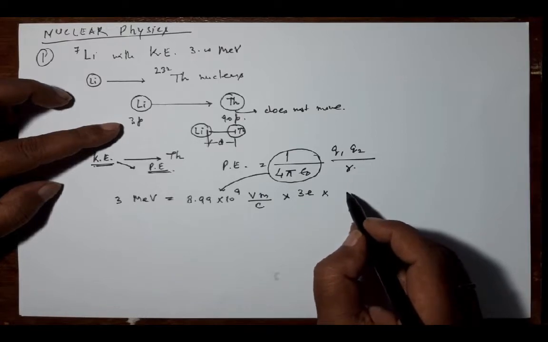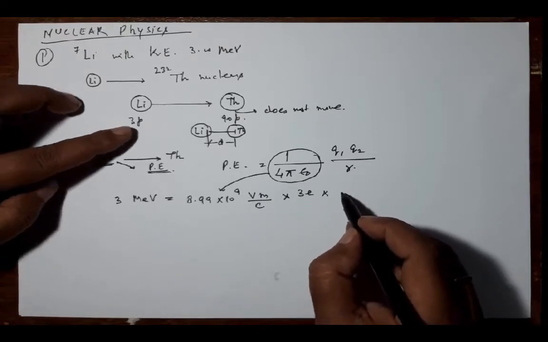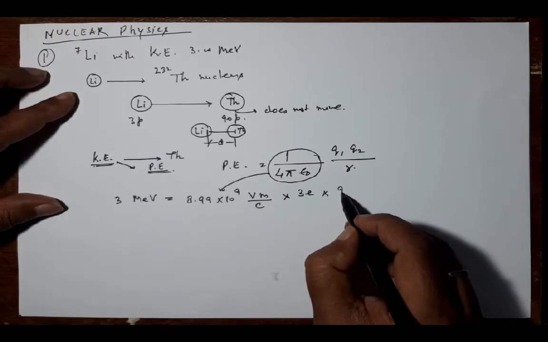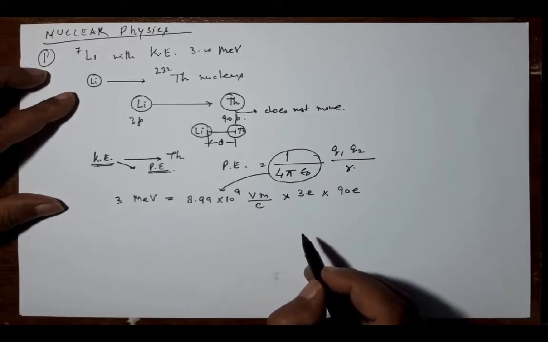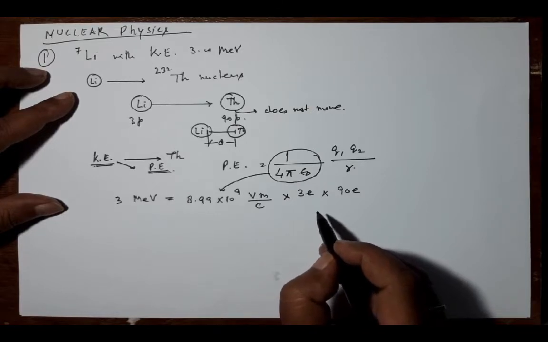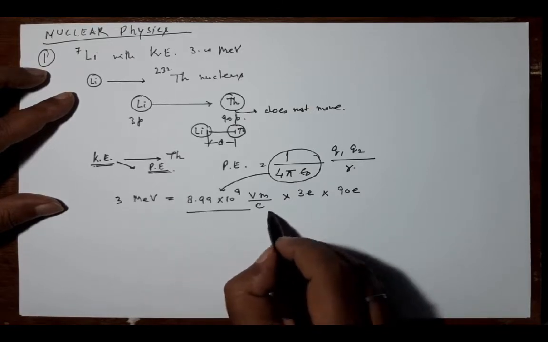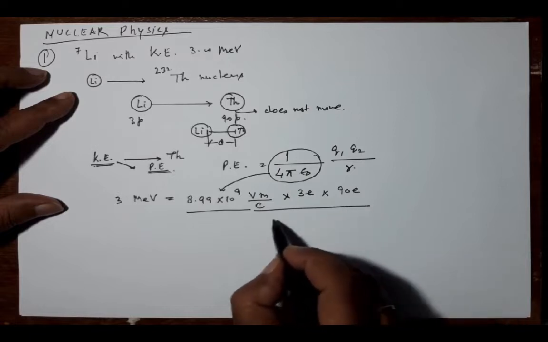Q2 is nothing but 90 protons, that is 90e. And the distance we have assumed as D.